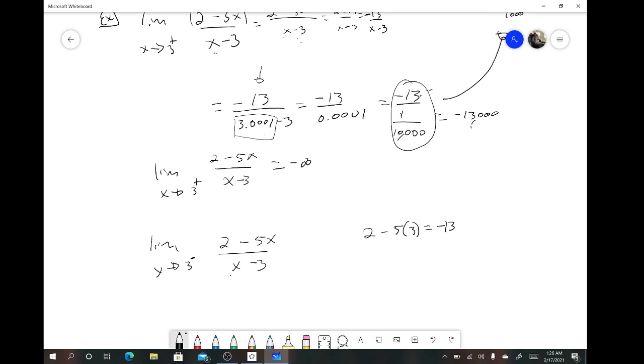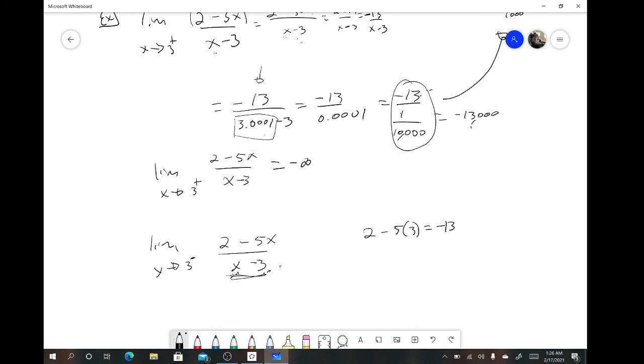Here we'll be plugging in values below 3 because we are to the left of 3, getting closer and closer to 3. So the denominator is also going to be negative.